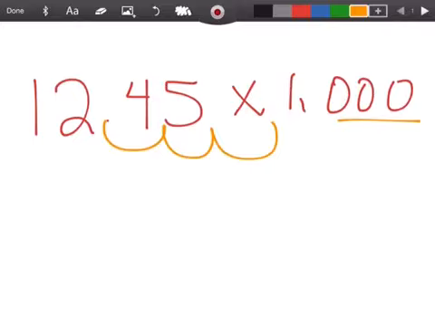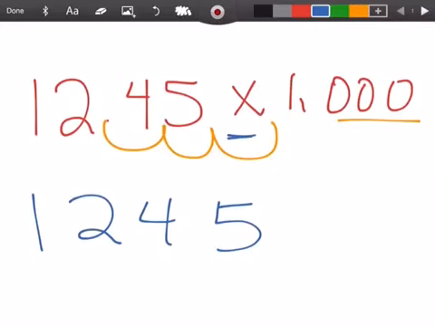Now, since I have to move it over 3 times, this empty space right here needs a 0 in it. So I'll bring down the rest of my number, and that empty space is going to represent a 0. I'm going to put my comma in.